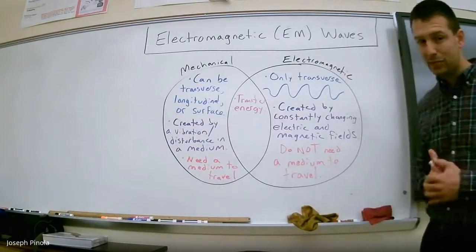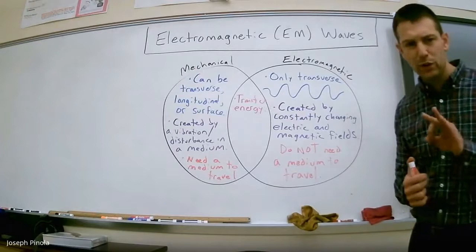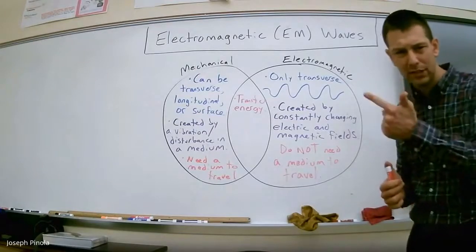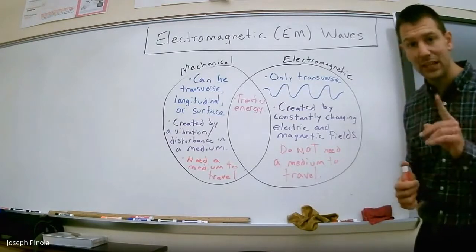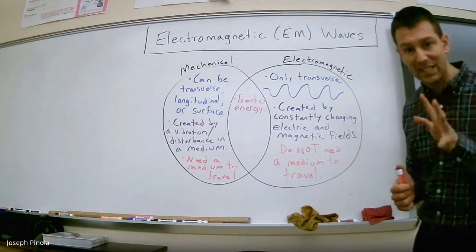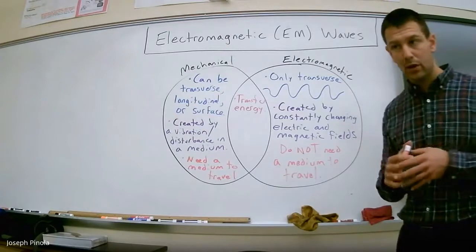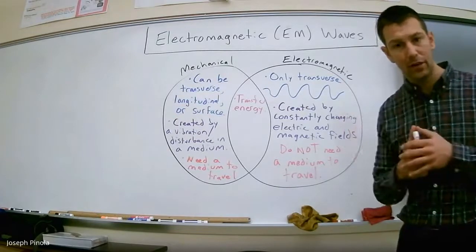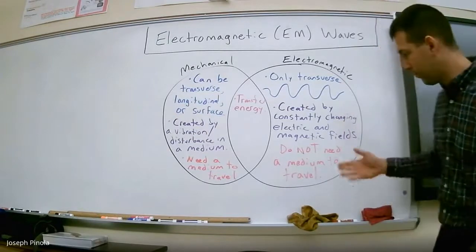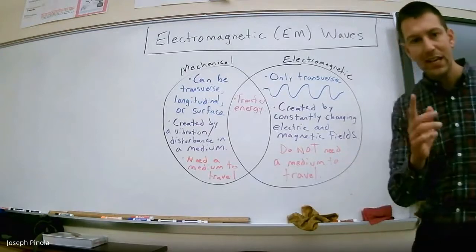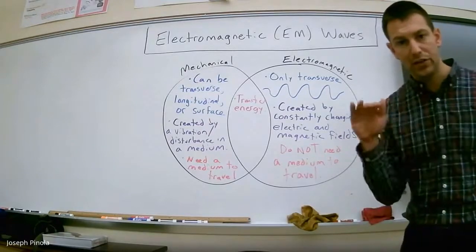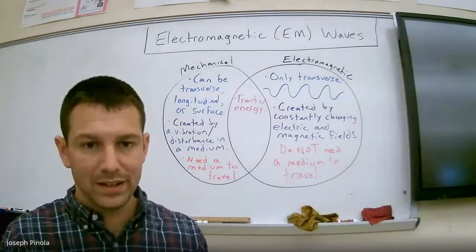So if you have an electromagnetic wave, even if you don't have a medium, even if there's no solids, liquids, or gases, the electromagnetic wave can still travel. Which is crazy to think about. Usually we have air that the waves can travel through. But for an electromagnetic wave, it can even travel through an area that has no air whatsoever.